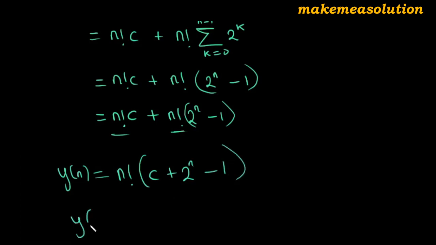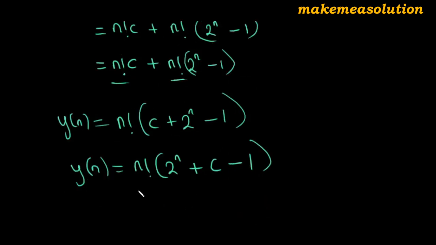Someone can stop here, or someone like a professional in maths will want to bring the numbers together first, then the constants can interact with themselves. So someone else might say that c minus 1 could be another arbitrary constant d, so he might leave his answer like this, 2 raised to the power of n plus d.